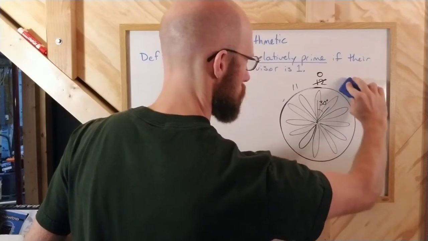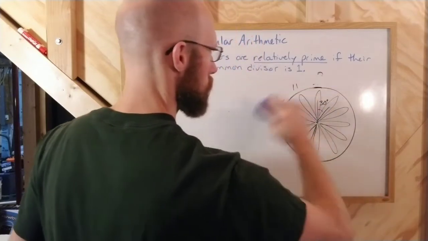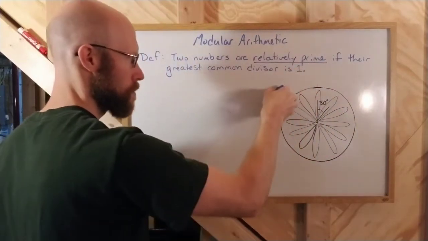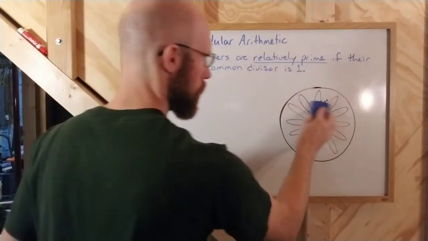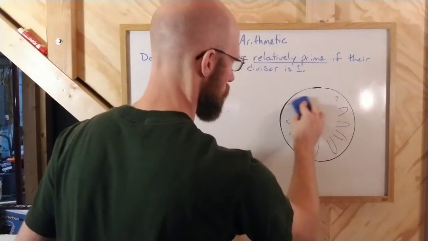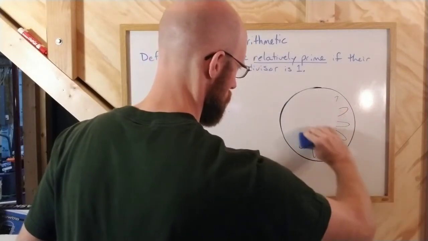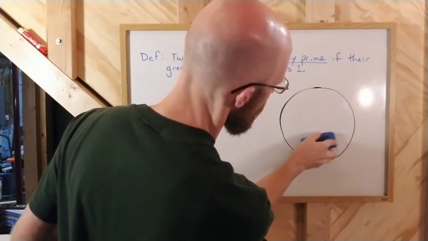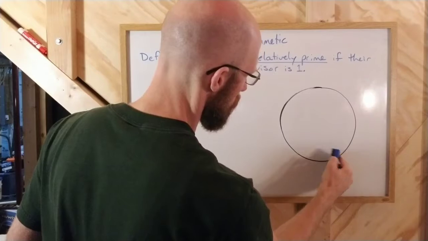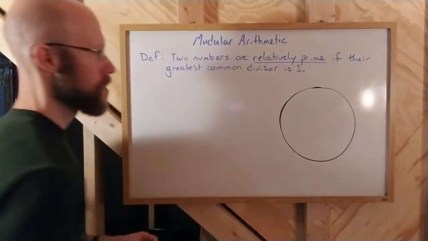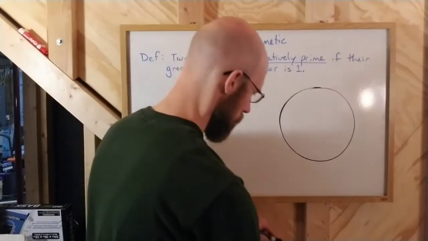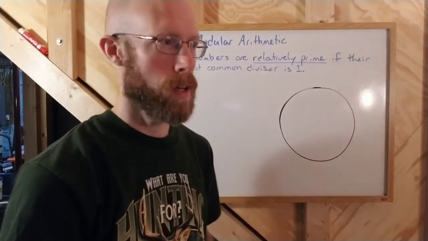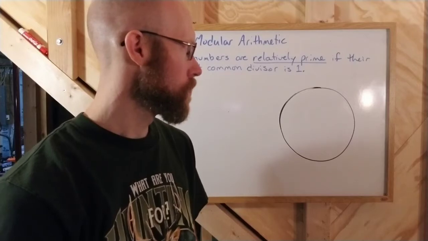I want that circle to stay because I actually drew a decent circle and I don't want to risk messing that up. So I'm going to keep the circle up there as best I can. Okay, so let's say I wanted to work with a clock that was, let's go with 5 inside.